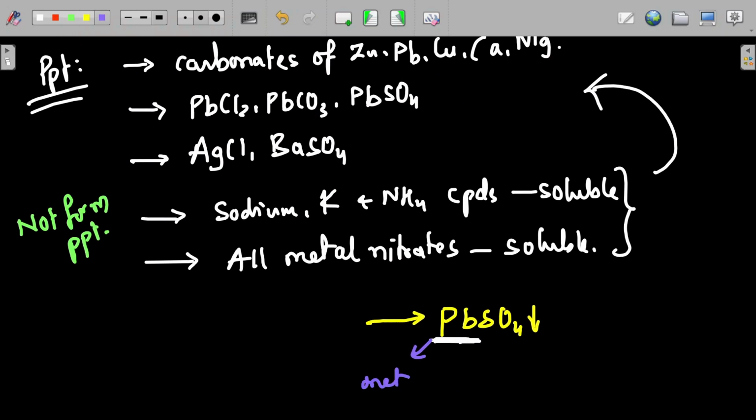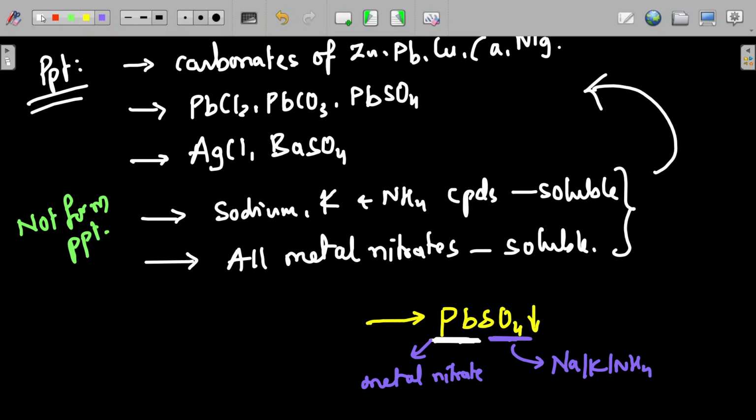Whatever metal it is. Here it is lead, but if it is barium sulfate also, you take barium nitrate. And for the second part, for sulfate or any other, chloride, carbonate, anything, you take its sodium or potassium or ammonium compound.